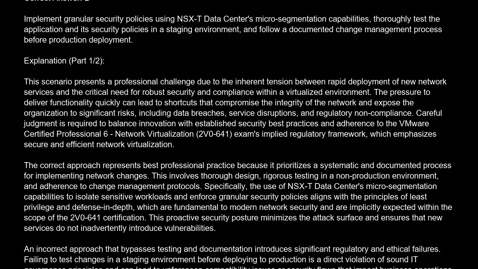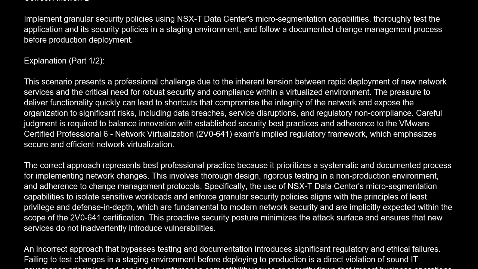Specifically, the use of NSX-T data center's microsegmentation capabilities to isolate sensitive workloads and enforce granular security policies aligns with the principles of least privilege and defense in depth, which are fundamental to modern network security and are implicitly expected within the scope of the 2V0-641 certification. This proactive security posture minimizes the attack surface and ensures that new services do not inadvertently introduce vulnerabilities.